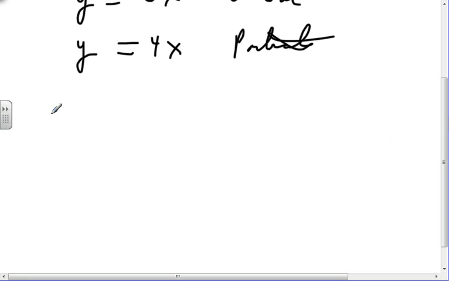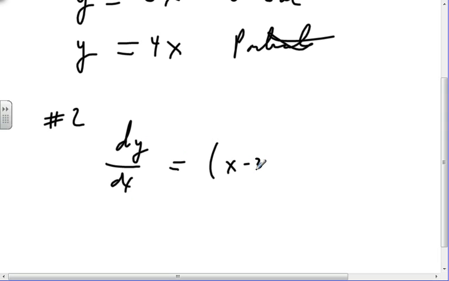I started at number 4 last time, so I'll start at number 2 this time. Number 2: find the function satisfying the given differential equation and the prescribed initial condition. dy/dx is equal to (x minus 2) squared, and y at 2 is 1.